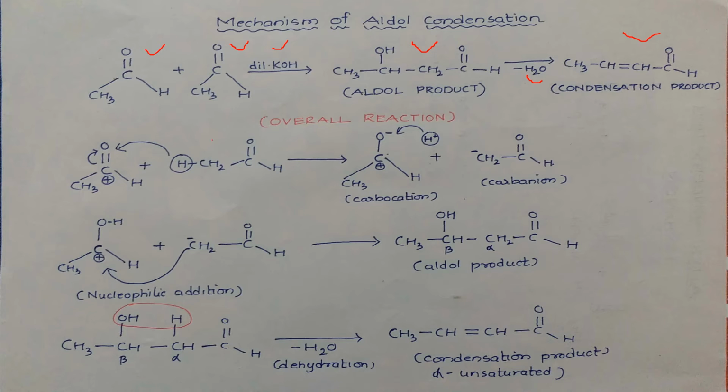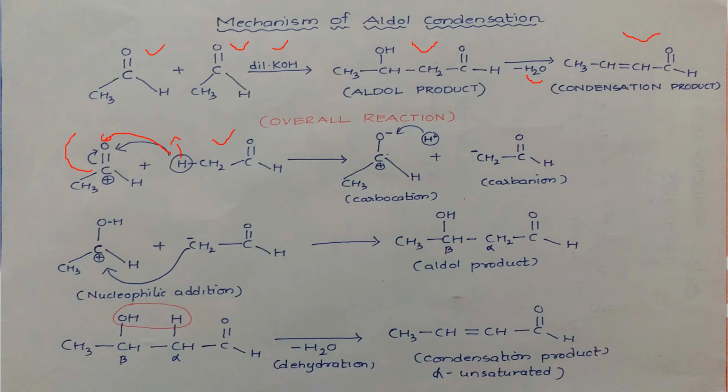Now if you can see here, one of the acetaldehyde molecules is supplying hydrogen. It's losing hydrogen in the form of a hydrogen ion. Now this hydrogen comes and attaches itself here. Now what's happening here?